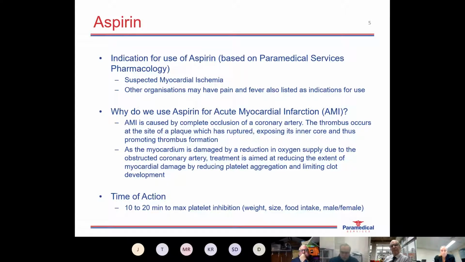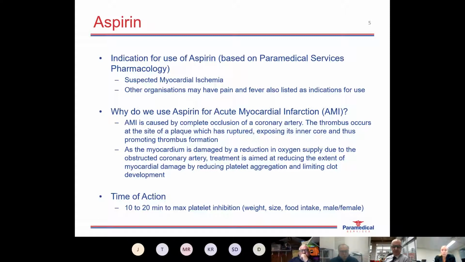Why do we use aspirin for an AMI? An AMI is caused by complete occlusion of a coronary artery. So a thrombus occurs at the site of a plaque which has ruptured, and because of that rupture, we're exposing the inner core of the artery, and thus thrombus formation starts to occur.